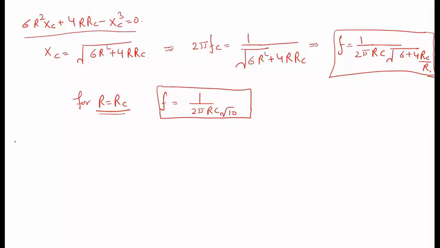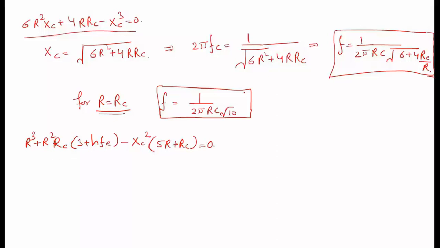Now for the real part, putting the real part equal to 0, we can write it as R cube plus R square RC into 3 plus HFE minus XC square 5R plus RC is equal to 0.